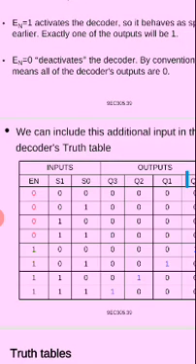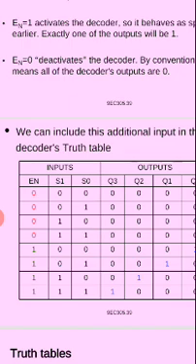Now here it becomes three inputs. For three inputs, 2 power 3 is equal to 8, so we get 8 combinations.